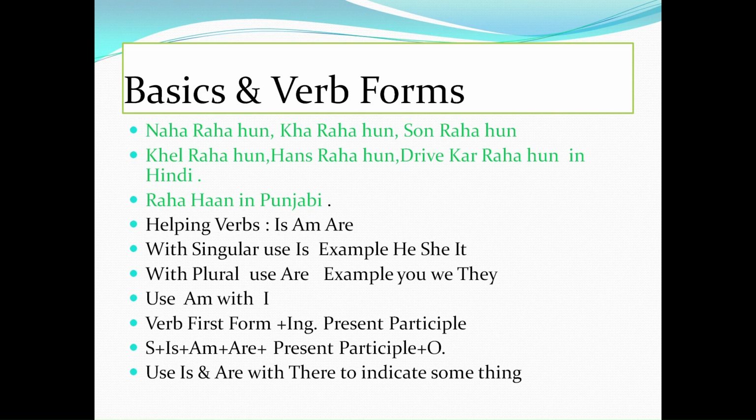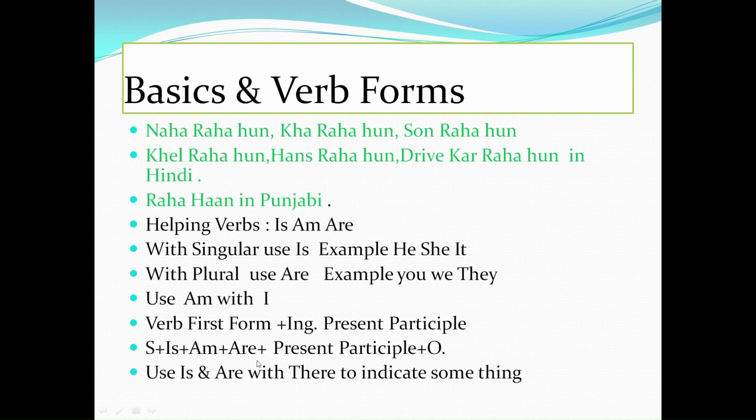And the other thing, as I mentioned in the examples also, the helping verbs is, am and are would be used. If the subject is singular, then is would be used. If the subject is plural, then are would be used. And am would be used with I. And in present continuous tense also, the first form of the verb would be used plus ing would be attached. This is also known as a present participle.